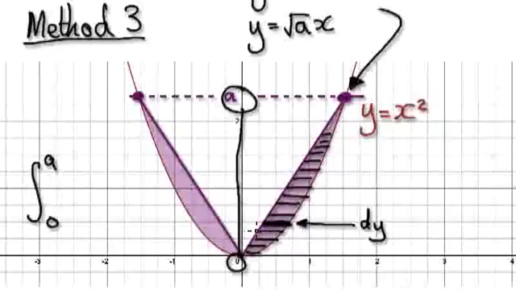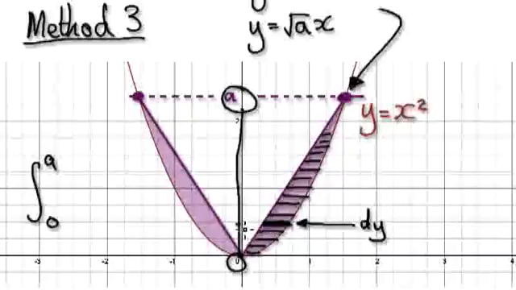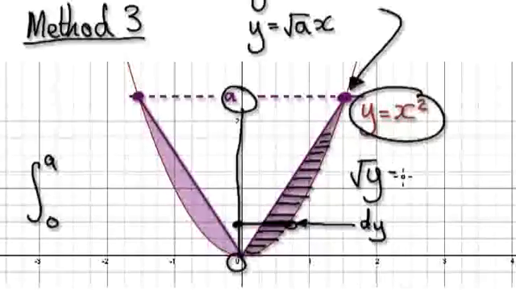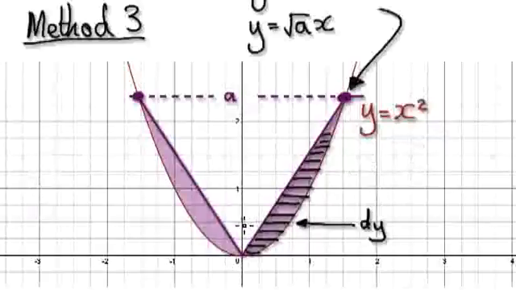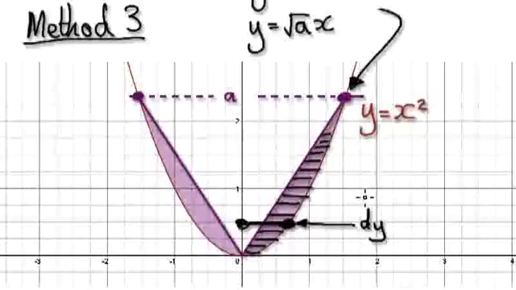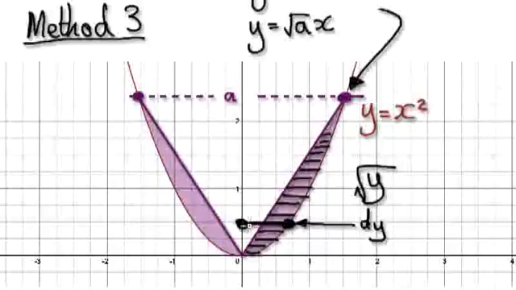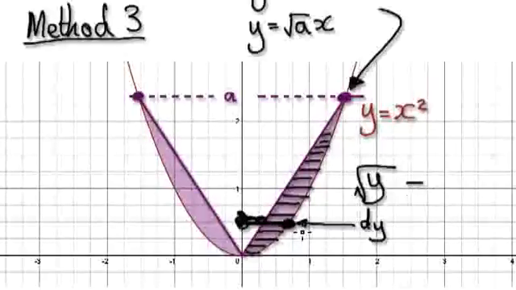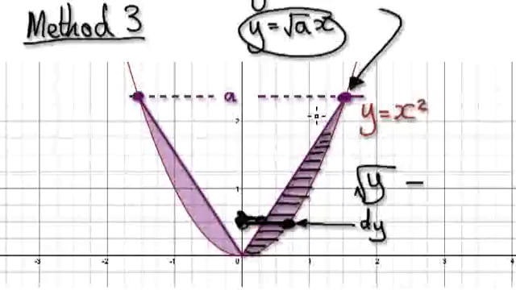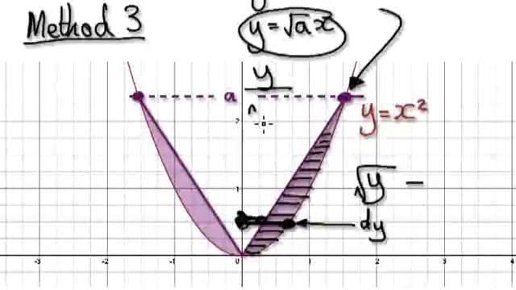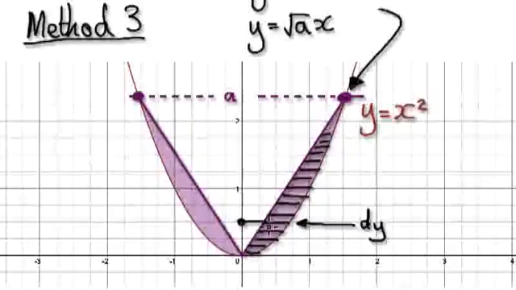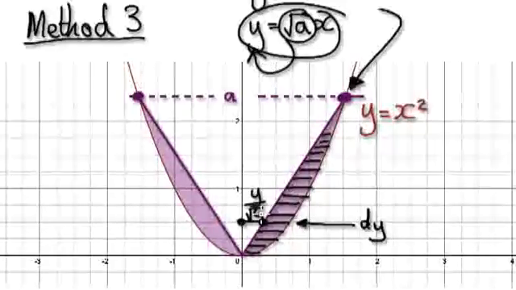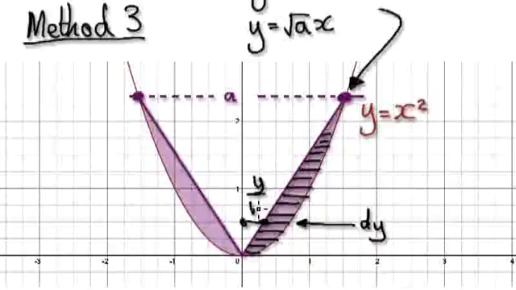We want to know this length here. From here to here, it would be root y, because y equals x squared gives x equals root y. And from here to here, it would be us using the straight line, so that would be y divided by root A, because you divide both sides by root A. So from here to here, it is y over root A.